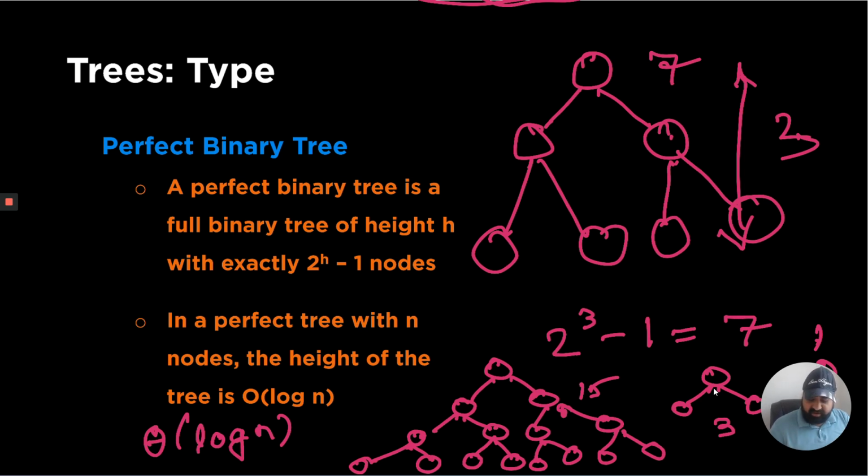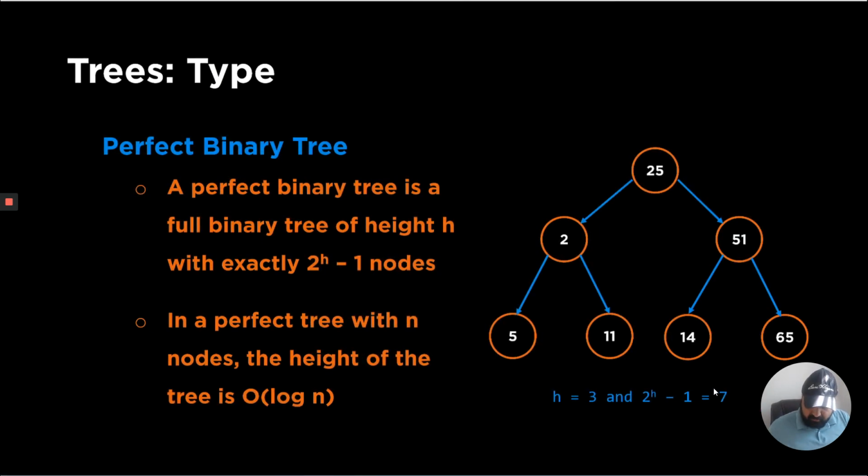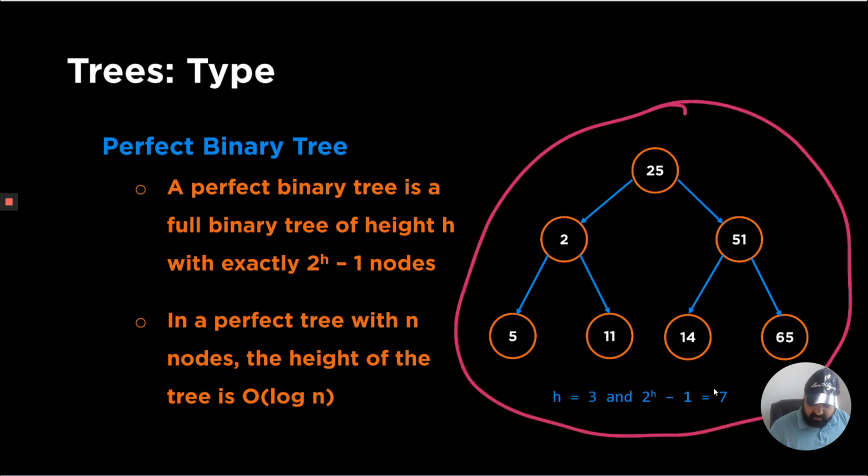Generally we can find the height of this tree by taking the log of 7, which gives us the minimum height. If we take base 2, log of 7 is smaller than log base 2 of 8, which is 3, because 8 can be written as 2 to the power 3. So log base 2 of 7 is less than 3, and the height is 3 in this case.